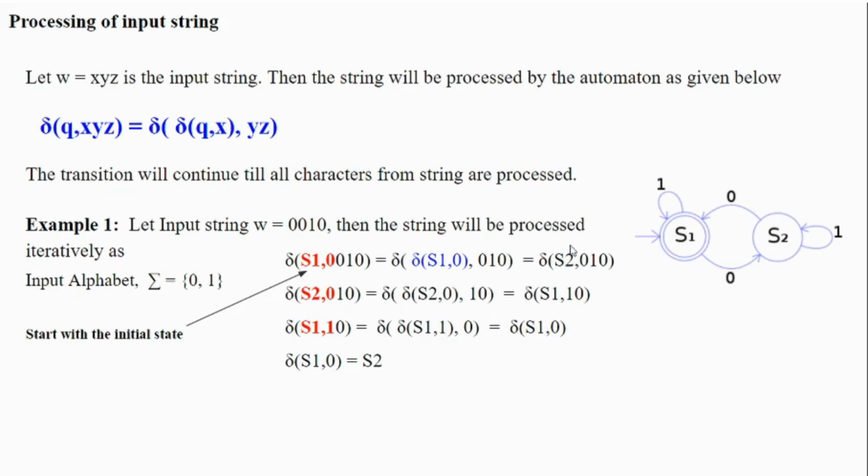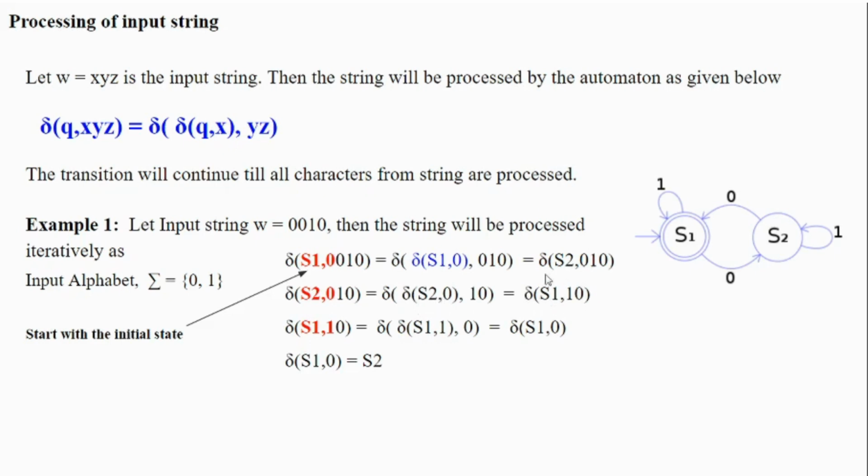Your current state is S2 and the first input character is 0 again. So you have to extend the transition on S2. When the transition function is applied on S2 with input 0, it goes to S1. So the output of this transition will be S1, and S1 replaces this transition function.